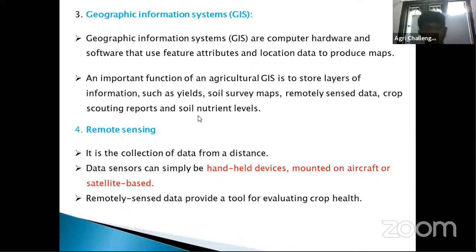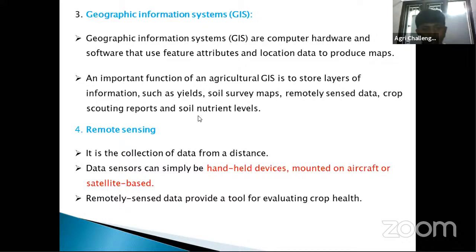You are getting data from satellites. There is no physical connection between the satellite and your soil. Based only on the electromagnetic rays or solar radiation, the spectral signature given by different objects, based on the emission or reflection of solar radiation by that particular object, you are getting the data. It is a collection of data from a distance.